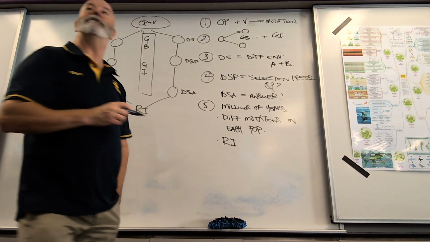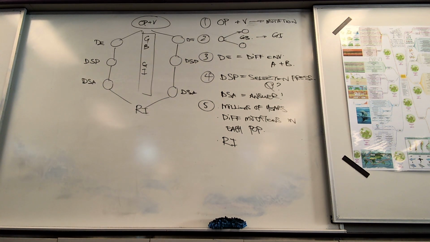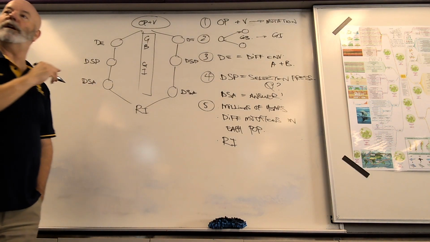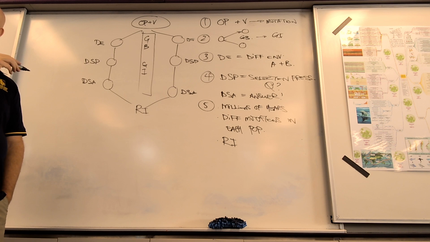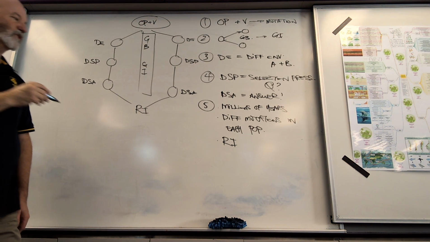RI means reproductively isolated. When we did the definition of species in lesson number 1, what was the definition of a species? Group of similar individuals that can only breed within themselves. A species can only breed with the same species. Now, because the mutations are so different on either side, the DNA is so different, they won't be able to reproduce.